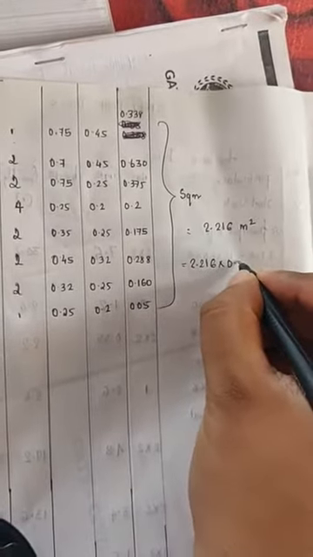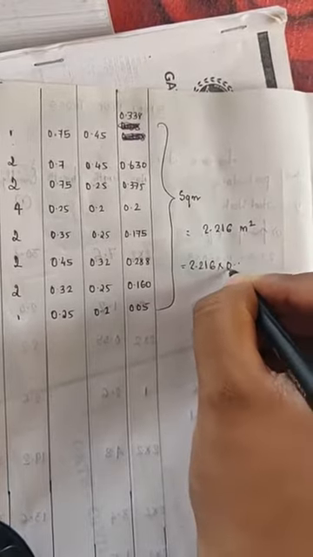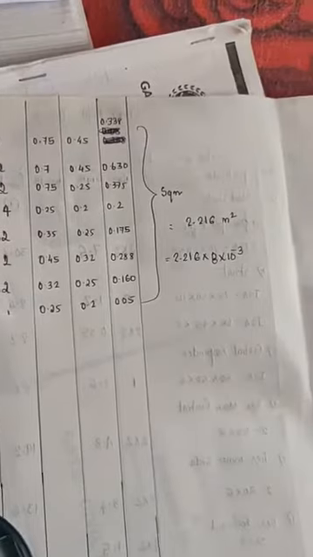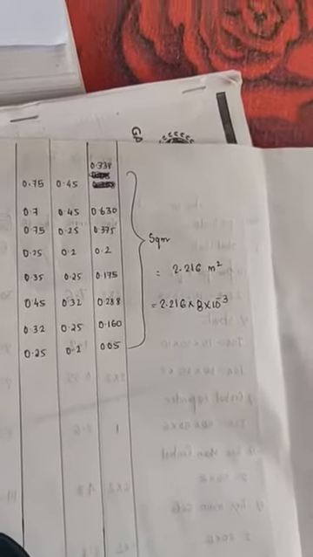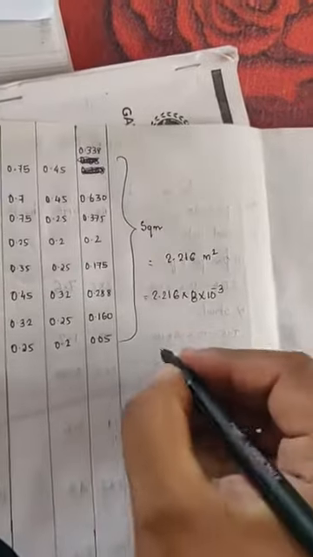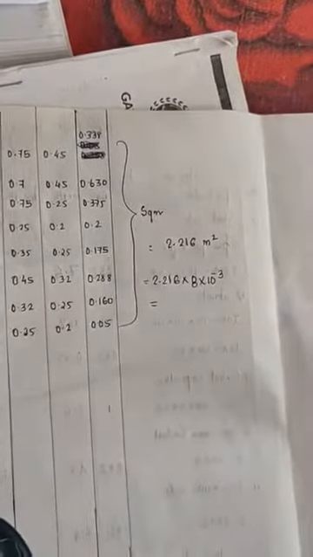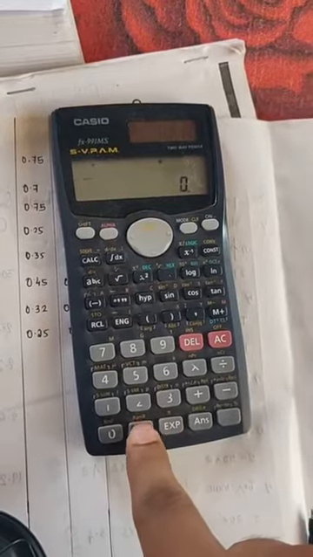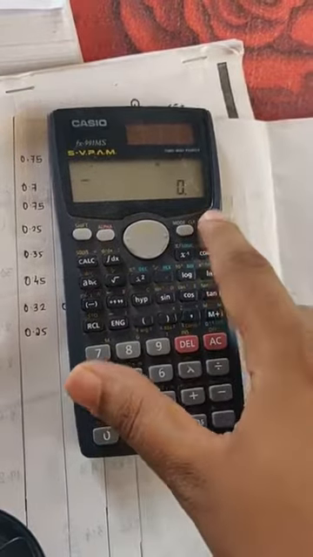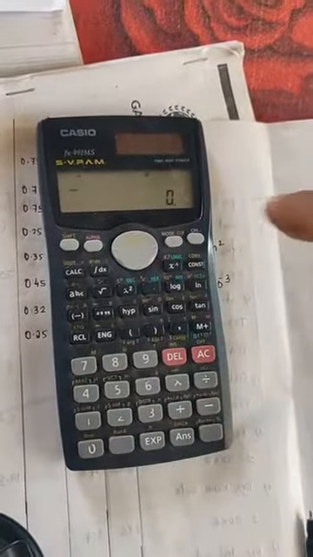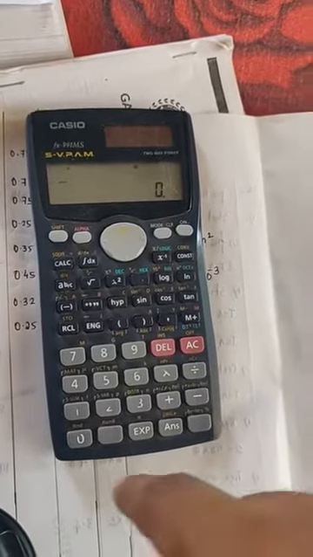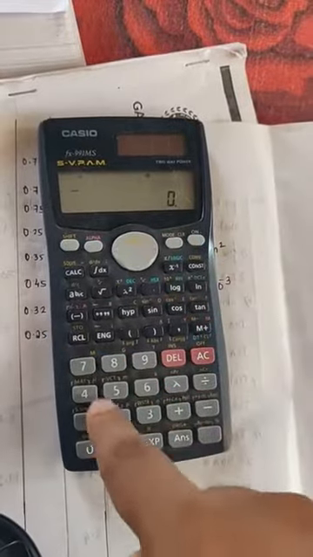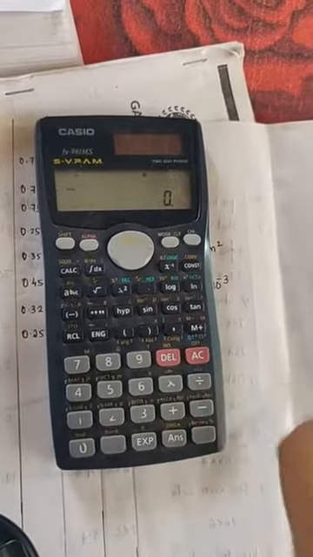So 8 into 10 to the power minus 3 meter is the thickness. Doing this, you'll get the volume in meter cube, right? So density is 7850 kg per meter cube. We don't have any angle section for this, so you have to multiply with the density of the steel.